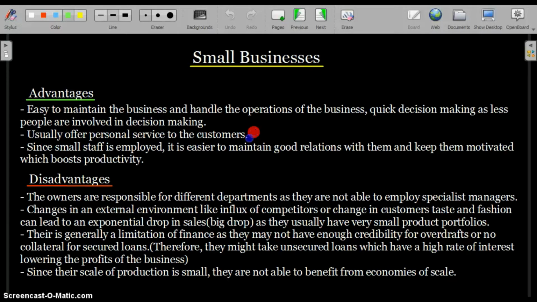Now, since a small staff is employed, it is easier to maintain good relations with them and keep them motivated, which boosts productivity. And as I said earlier, you can easily communicate with your employees. If you only have six to eight employees, you are able to communicate with each of them effectively and keep them motivated.